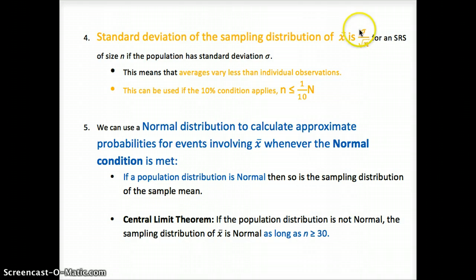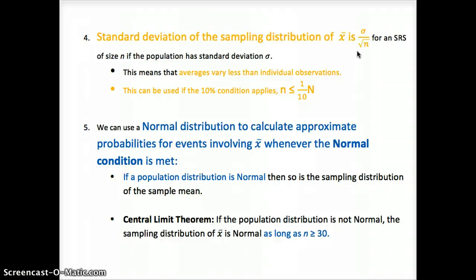So here we're looking at things from saying what would the sampling distribution be given that we know the population distribution, so that we know the standard deviation of the population. And then for larger sample sizes, we'd have averages that would tend to vary less, which makes sense. If we have a larger sample size, then the average there would tend to be closer to the true average just due to probability, that we're most likely going to get values that tend to balance each other out.